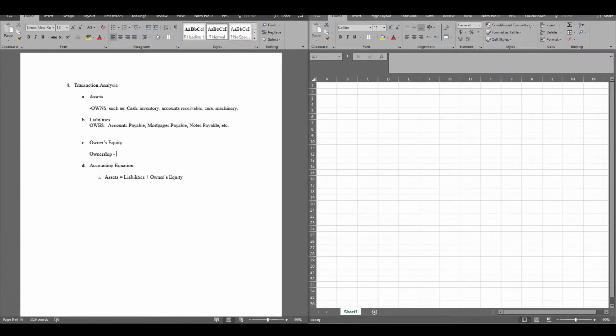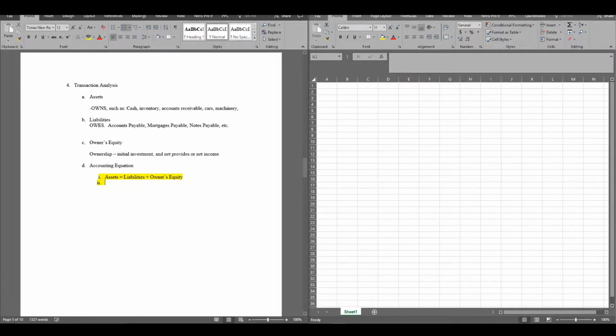And it's made up of initial investment and net profits or net income for the organization. So this is the main part, though, that we need to remember. Assets equals liabilities plus owner's equity. This is what's called the accounting equation. We have to remember that.